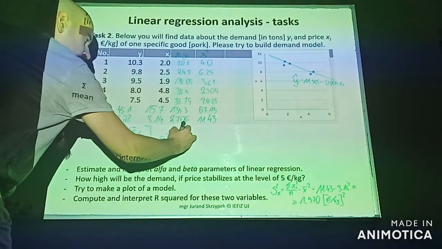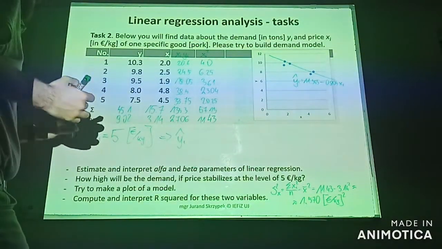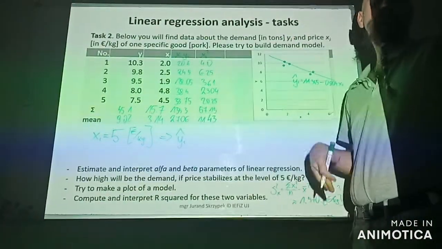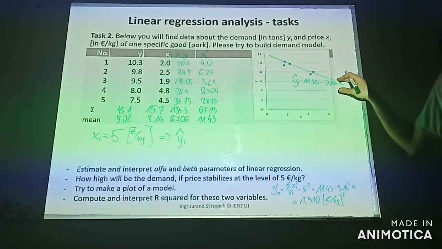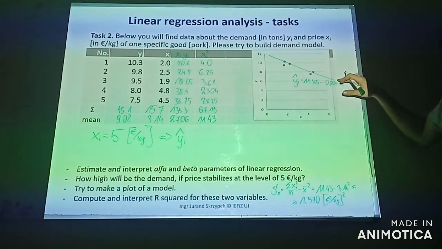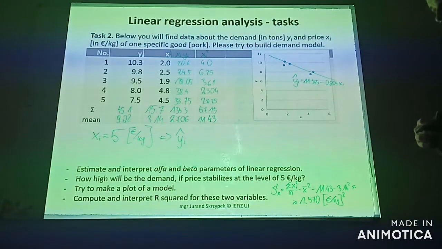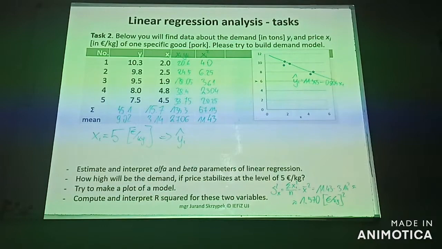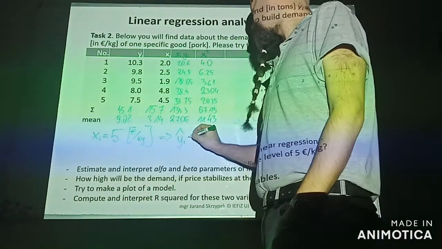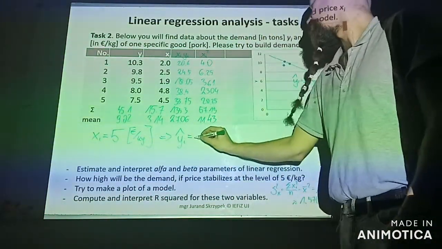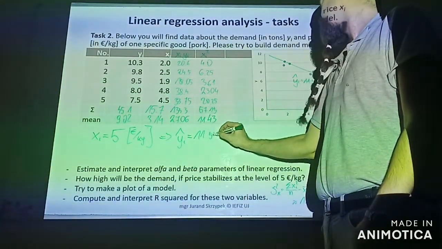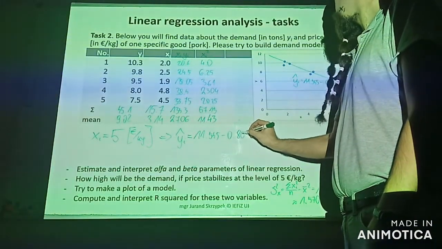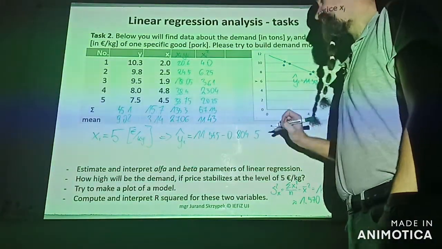And then what will happen with the expected demand? With a roof, we are talking about the values that lie exactly on this straight line, the theoretical, expected value. The expected value will be: 11.545 minus 0.804 multiplied by 5.